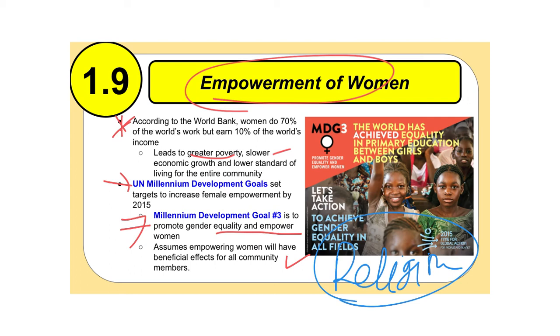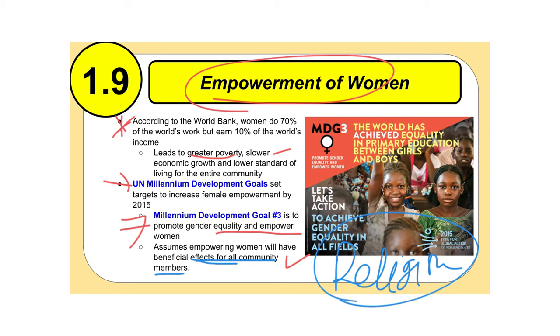But we also need to recognize that empowering women is beneficial, but we have to look at what does happen to the other members of the community, especially if this is a woman that is in a part of the world where it may not be culturally acceptable or religiously acceptable. So, empowering women does impact the entire community.